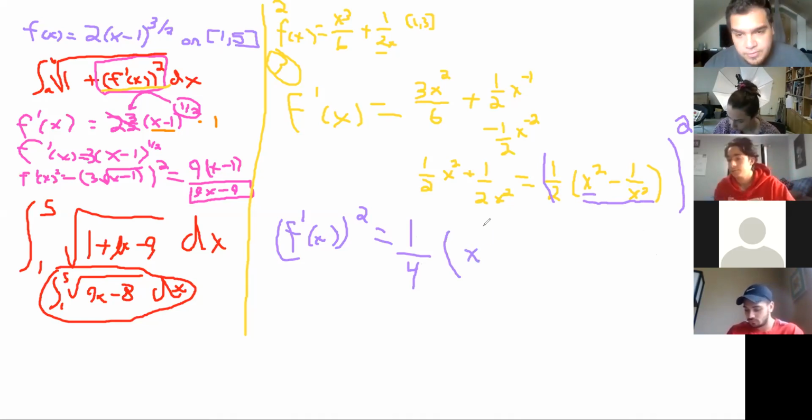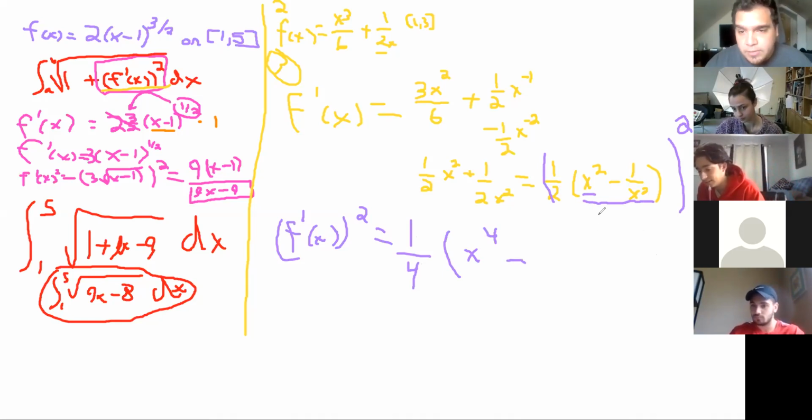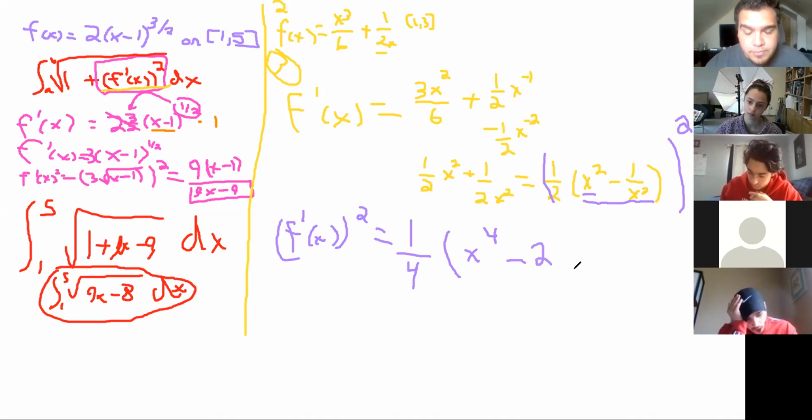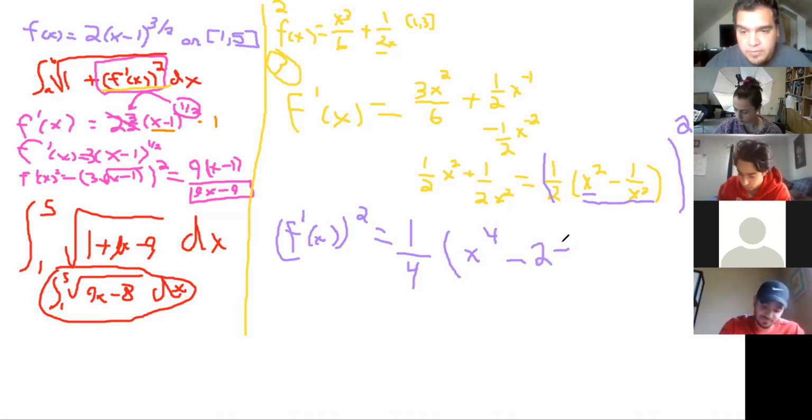Minus 2ab, so that's 2 times a half x squared times a half. So these two end up canceling out, so it's just a 2 in here. And then plus b squared, so that's just 1 over x to the 4th.